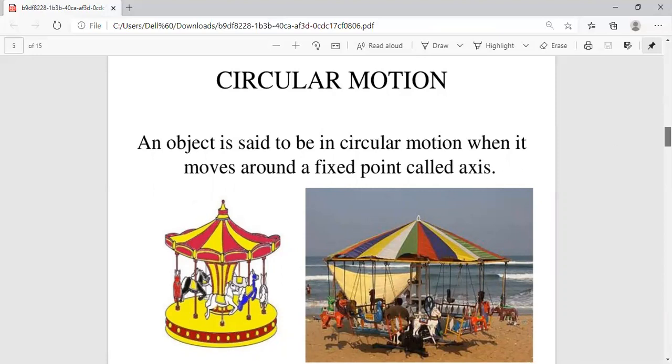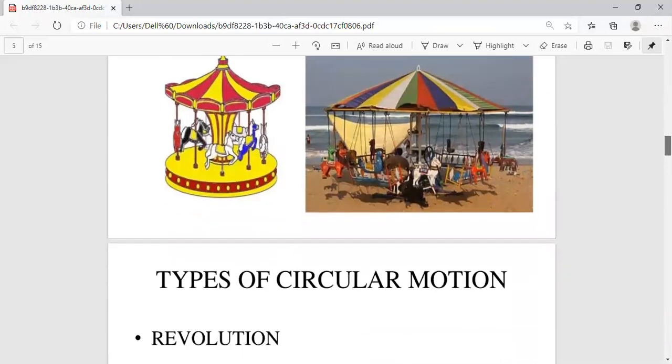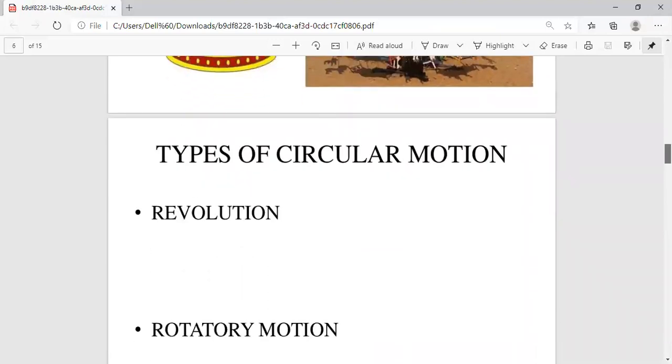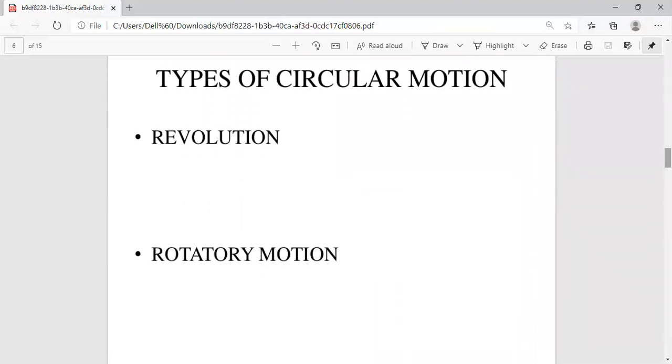I hope the concept is clear. Next, circular motion is of different types. One is revolution and the other is rotatory motion. Again, children, you are familiar with these words. Maybe in geography, you have read these words, revolution and rotatory motion.